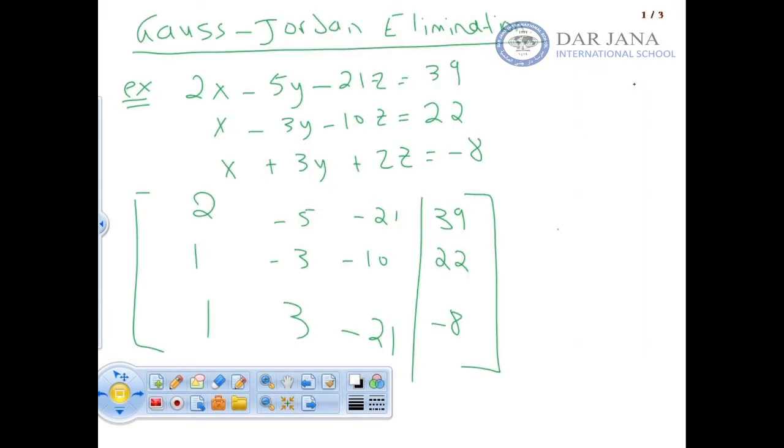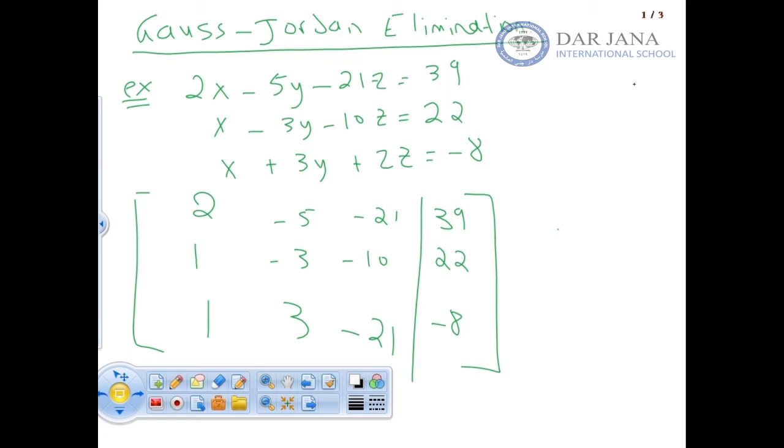Okay, let's continue. The last objective in this lesson, the last idea, is the Gauss-Jordan elimination. It's the same as the previous process. It's a process that we're going to use to solve a system of linear equations.